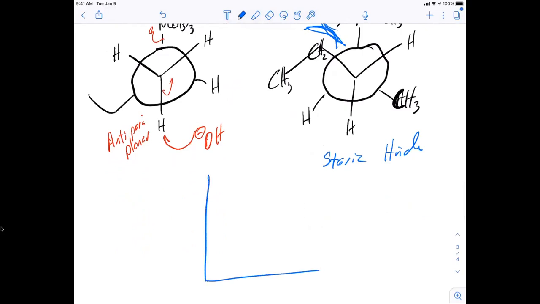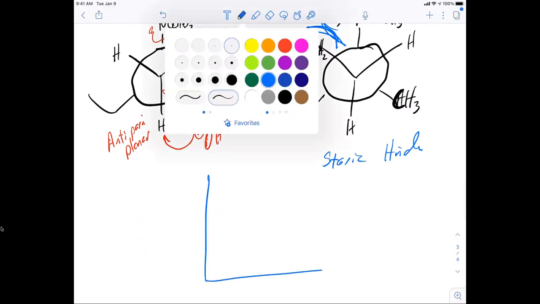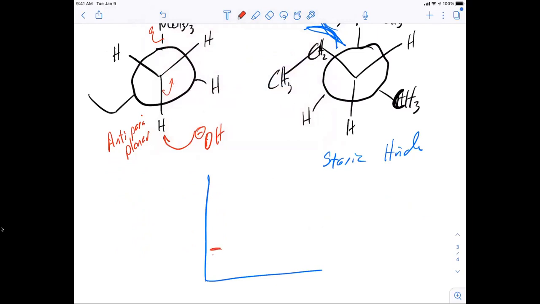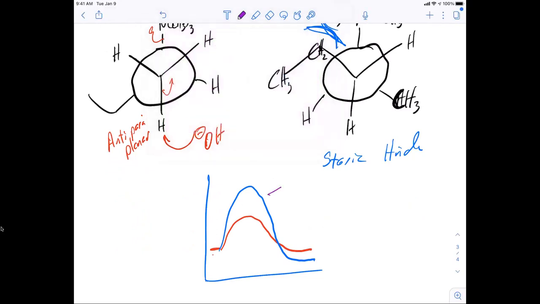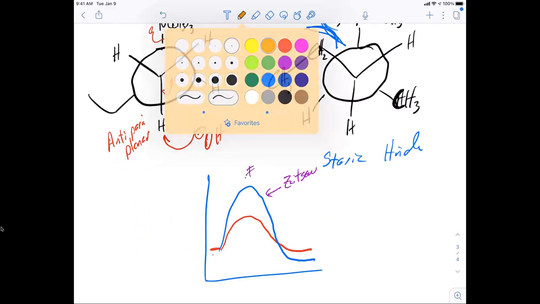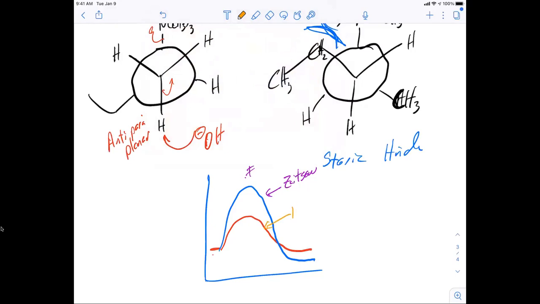So what's happening is, if we look at this red one here, the Zaitsev product is going to have a higher transition state, right, than the Hofmann.